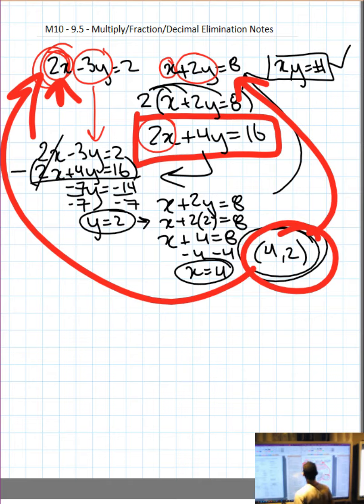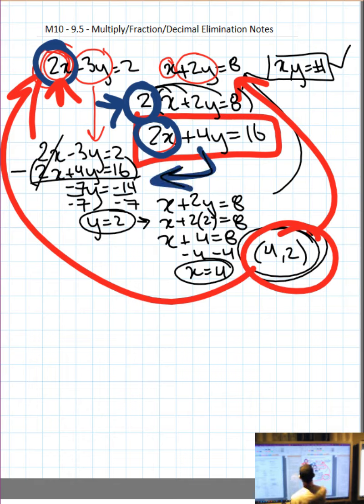Okay, so that's multiply. You can multiply one of the equations by a certain number. In this case, it was multiplying the equation on the right by 2. So, top left, we have a 2x in front of both of them. Then we can put the equation and then add or subtract. In this case, subtract them.